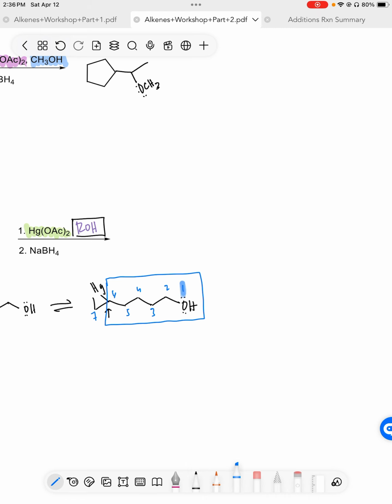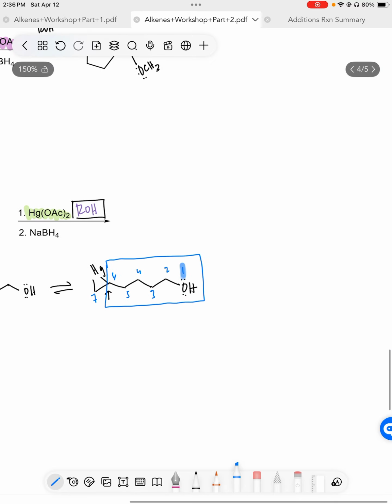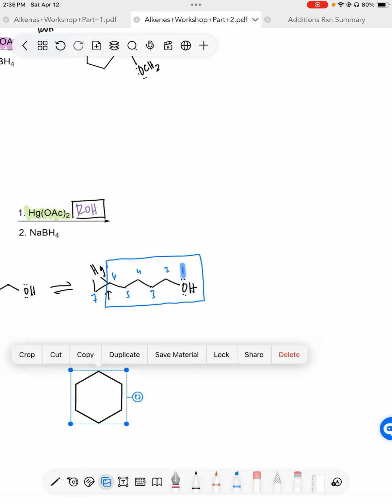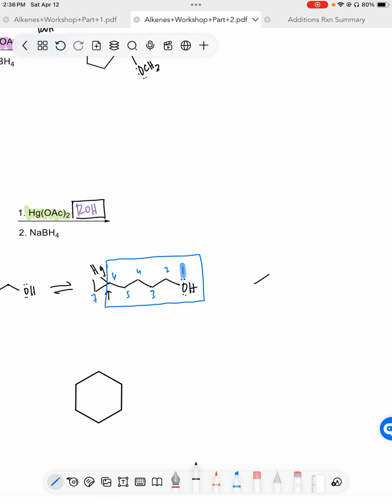It's not just going to be all carbons. It's not going to be a cyclohexane like this. It's going to have an oxygen right here. See that? So let's number this.